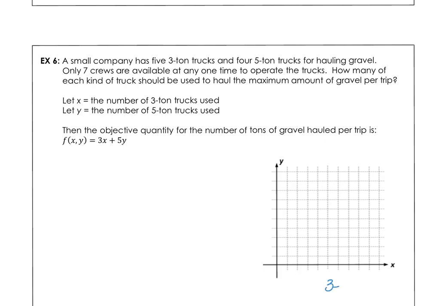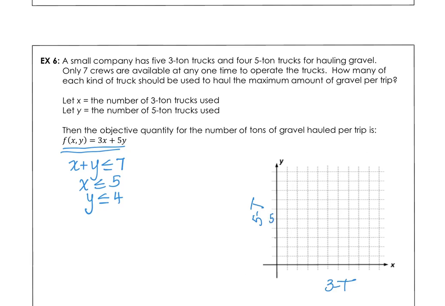These are the 3-ton trucks on the X-axis, and the Y-axis is representing the 5-ton trucks, and we have our objective quantity here. So the system is going to be the X trucks plus the Y trucks can't be more than 7 people at a time. X has to be less than or equal to 5, and Y has to be less than or equal to 4.